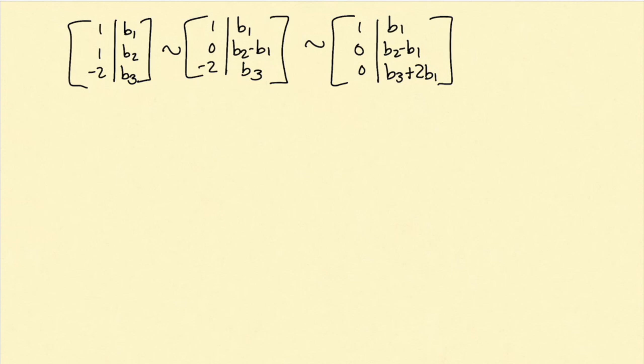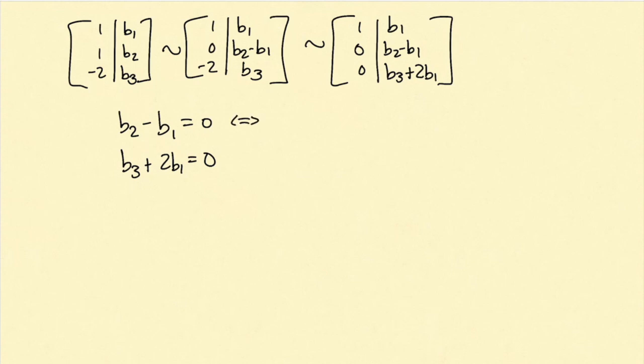It has exactly one pivot. So the vectors b1, b2, and b3, which are in the span of our vector u, are the ones satisfying the two equations b2 minus b1 is 0, and b3 plus 2b1 is 0.